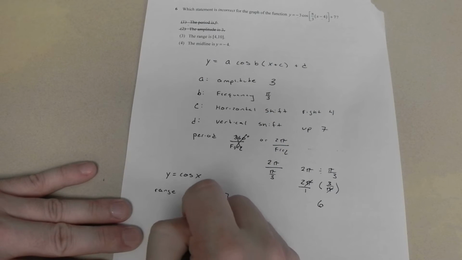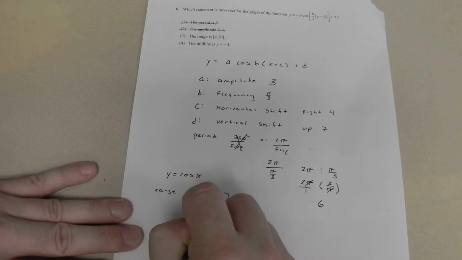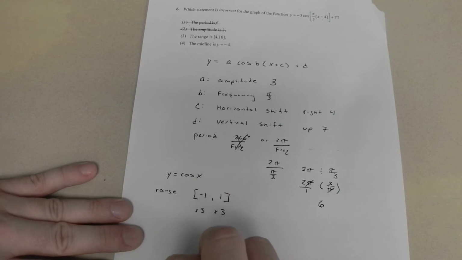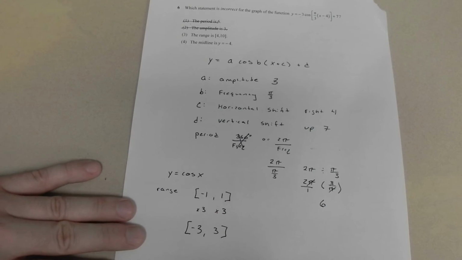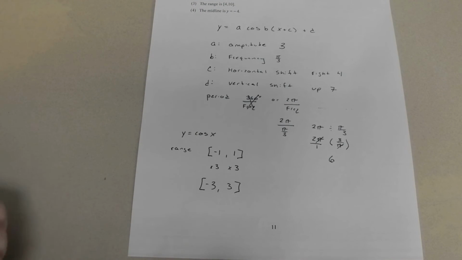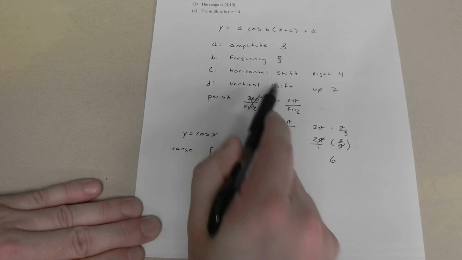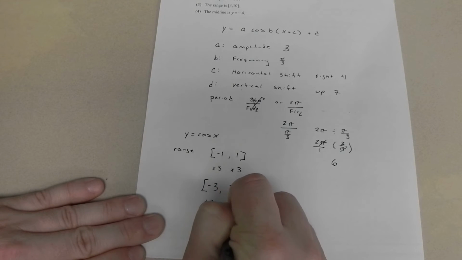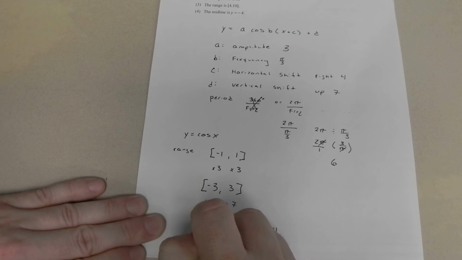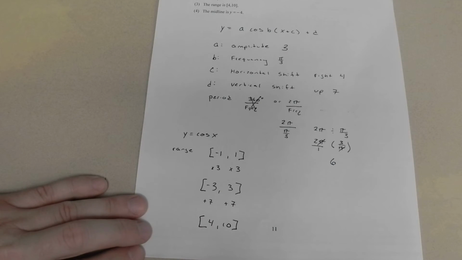So my range for our function, multiply by 3, multiply by 3, is -3 to +3. However, we also affected the range by a vertical shift up 7. So let's now add 7, add 7. The range of my function is from 4 to 10. That's choice 3.